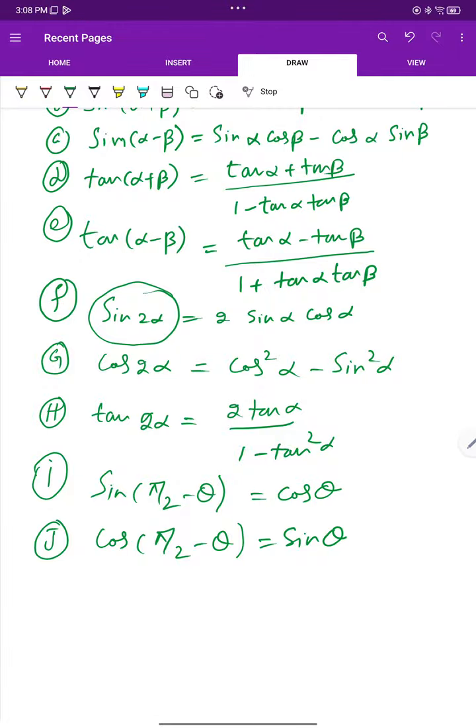So these are common identities, and there are many more.